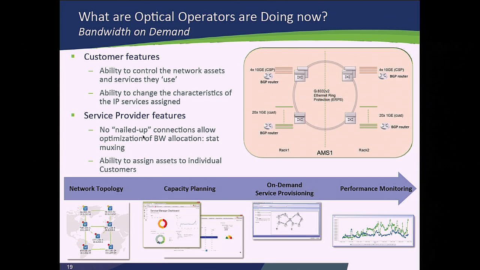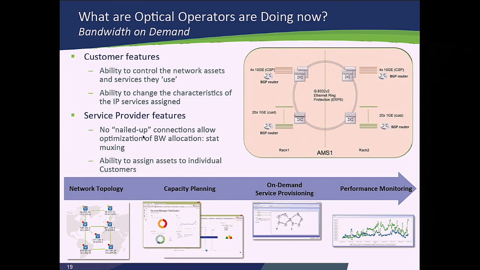In this example, a little bit hard to see, we have a couple of customers on the lower left and right, and some content service providers, CSPs, on the top left and right. So it's a typical network diagram, but the difference here is that the connectivity links between customer and a given CSP are not continuous, nailed-up links. They are configured on demand.